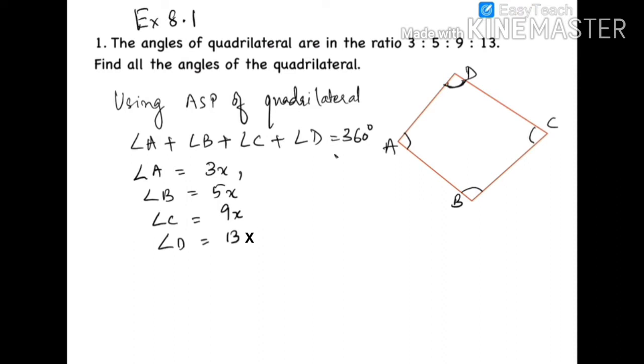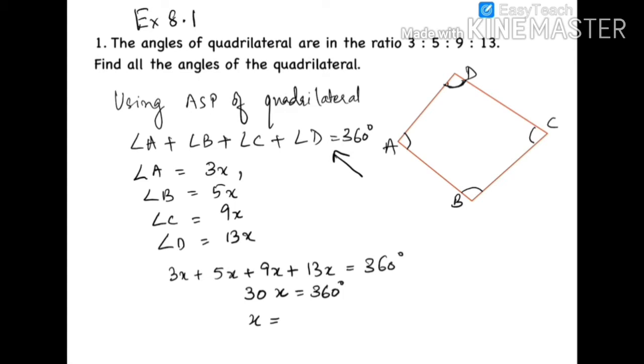So substituting these values in this equation, we will get 3x plus 5x plus 9x plus 13x equal to 360 degrees. On adding the terms on left hand side, we get 30x equal to 360 degrees. So x is equal to 360 degrees divided by 30, and that is equal to 12 degrees.